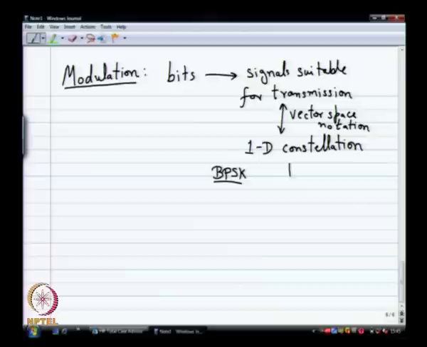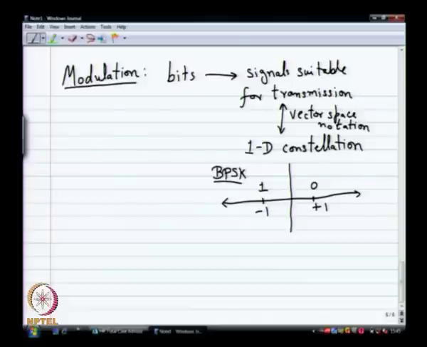What is BPSK? It is just 1 dimension, and you have just 2 points in the constellation, which I will normalize to +1 and -1, and I will say 0 maps to +1 and 1 maps to -1. This is how we represent a constellation. If it is 1 dimension, you have simply a line and 2 points on that line.